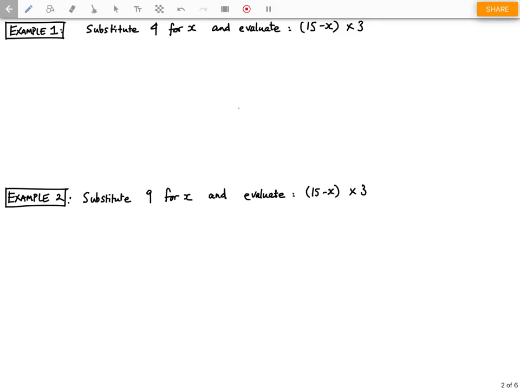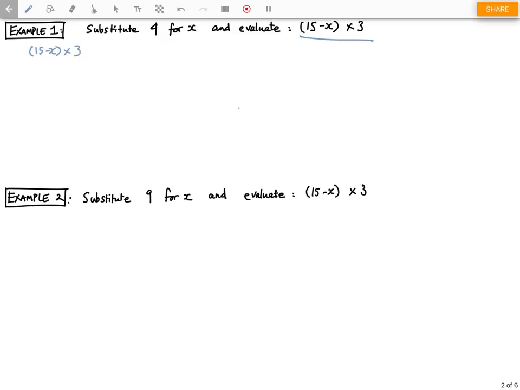Now let's discuss the first example. Let's go over a first problem. Say that we need to substitute 4 for x and evaluate this expression right here: 15 minus x times 3. Let me walk you through how to do a problem like this. First, write down the given expression: 15 minus x times 3.